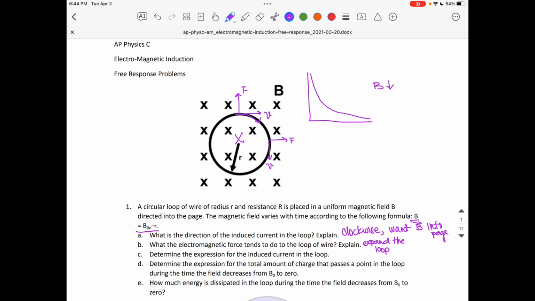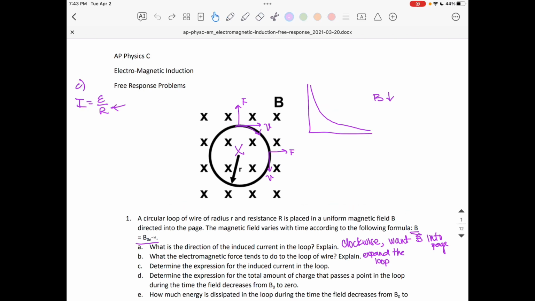All right, now we're going to get into some actual calculation. So for problem number C, we're trying to determine the expression for the induced current in the loop. The induced current is voltage over resistance, and so we need to identify what the voltage or the EMF is by this system we have here.